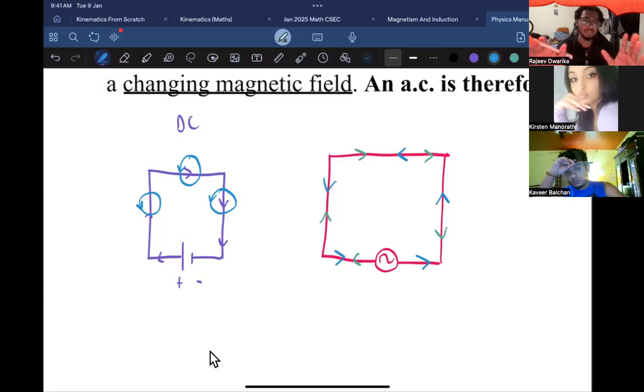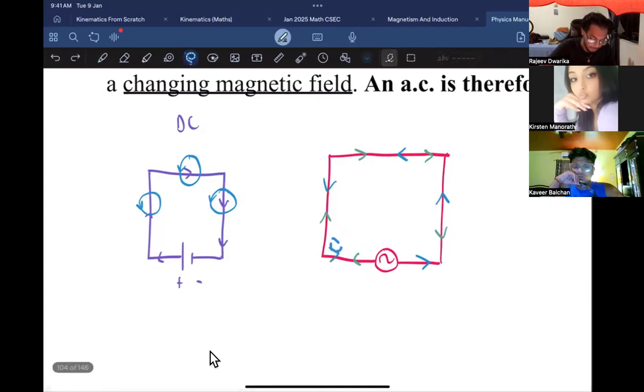And the magnetic fields would change direction too. So let me show that in the diagram.